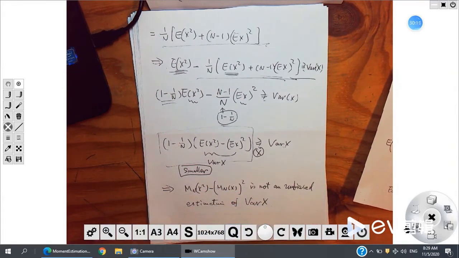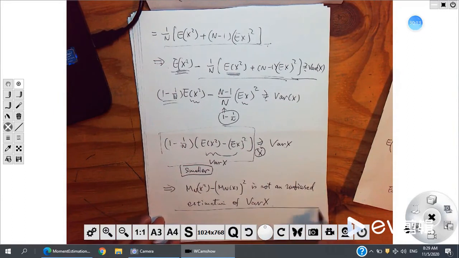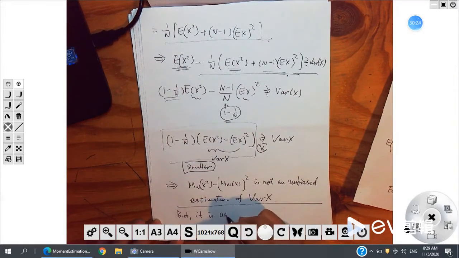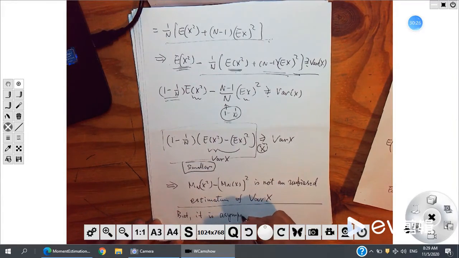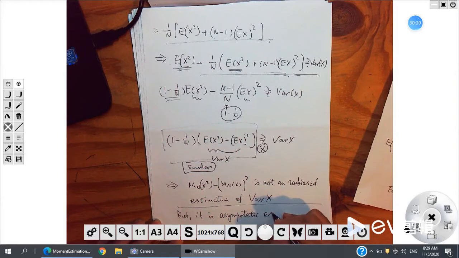So we know it's not an unbiased one. Somehow we can say this is not so good, but it is an asymptotic estimation.